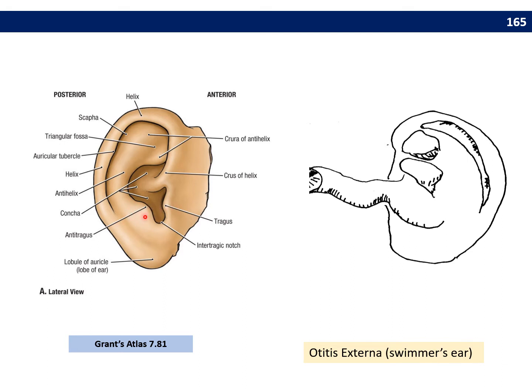Now, in terms of sensory innervation to the ear, that posterior part, so posterior to the helix and including the helix, the innervation is via the lesser occipital nerve, and more inferiorly here on the lobe, the great auricular nerve.